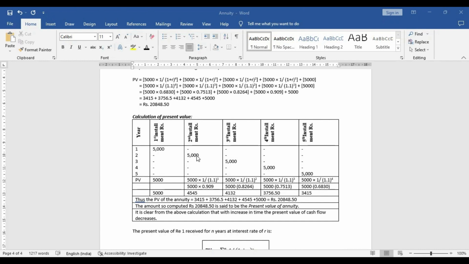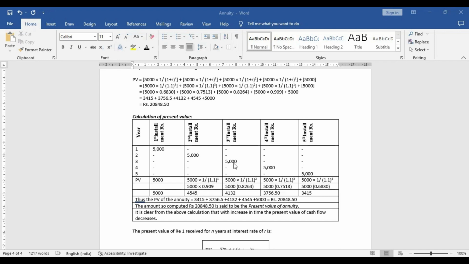But the second year value is going to depreciate at the rate of 10% only, the same example we have taken. And this is the discounting factor, the discounting rate itself. So the first year 5,000 will be depreciated at the rate of 10%, it will be 4,545.